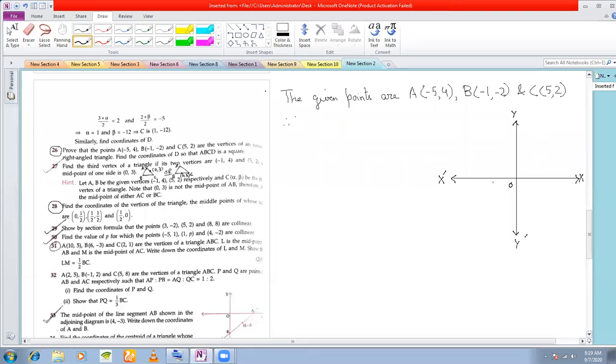So A here is minus 5, 4, which will lie somewhere over here. B here is minus 1, minus 2, which lies somewhere over here. And C is 5, 2, which will lie somewhere over here.